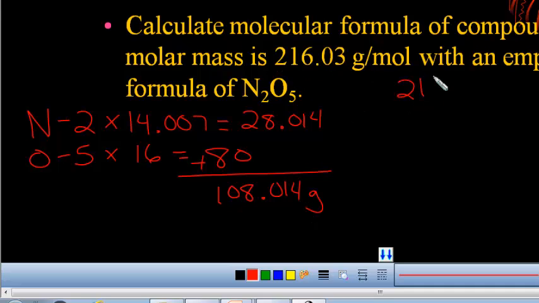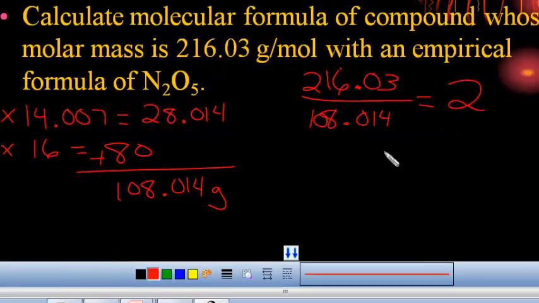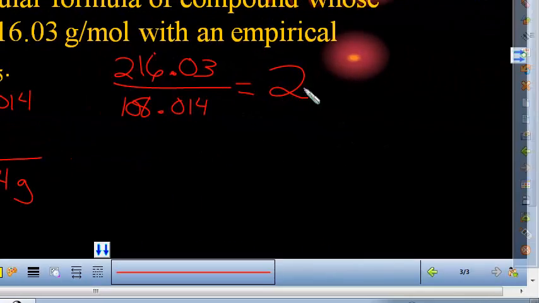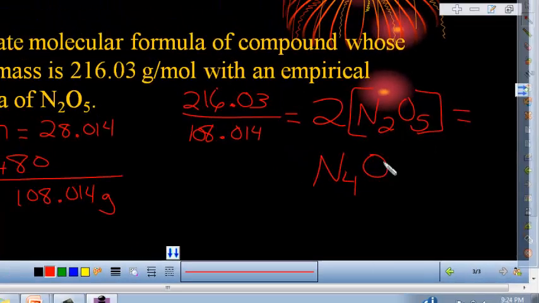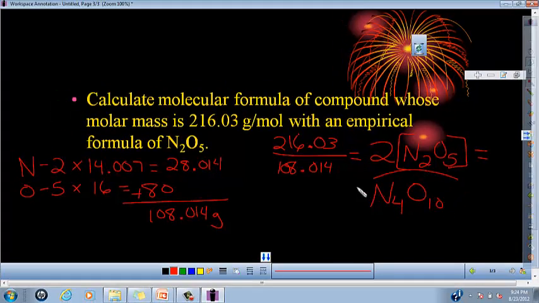Take your molecular molar mass, divide by the molar mass of the one you just found, and you get 2. Now you take your 2, multiply it by the subscripts in your empirical formula. So you get N4O10, and that is your molecular formula right there.